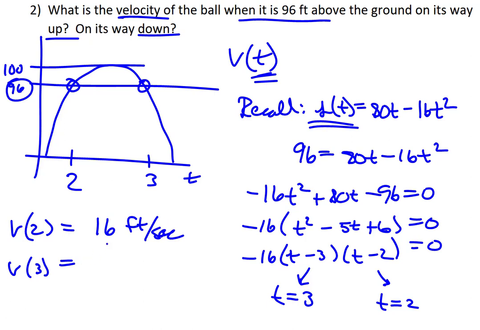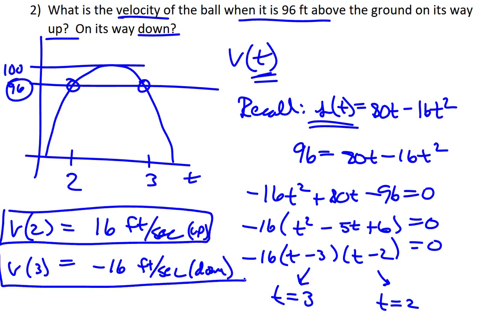And then when time is 3, v of 3 would give us negative 16 feet per second. The symmetry makes some sense here. The first one is on the way up, and the second one's on the way down. And so those are the two velocities that were being asked for in this problem.